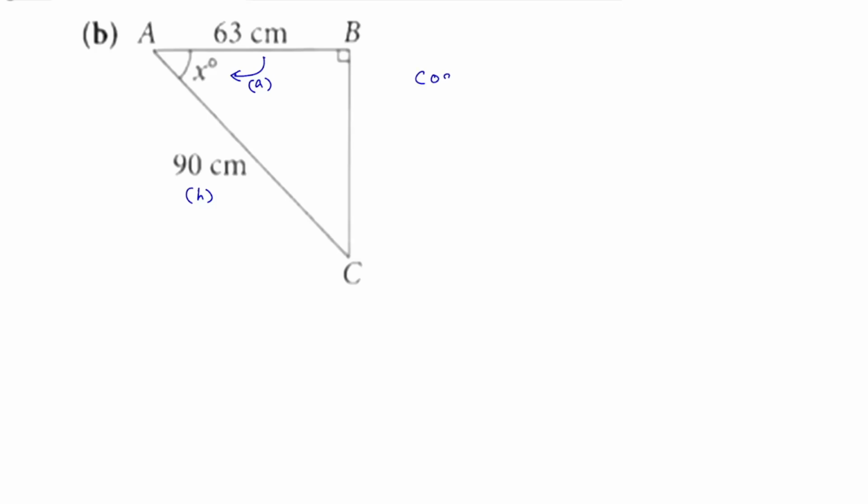So cosine x degrees equals A over H. A is 63 and H is 90. Then, making x the subject, we have cosine inverse 63 over 90. Key into your calculator, it should be 45.6 degrees, 1 dp.